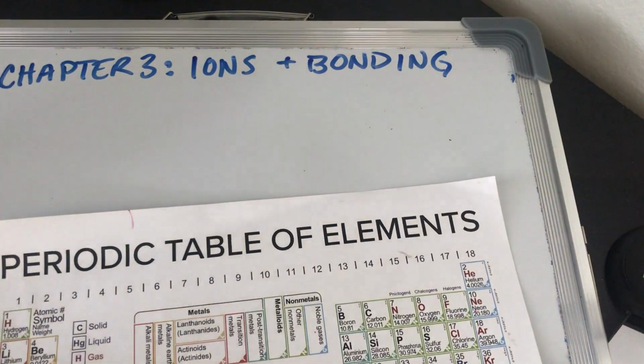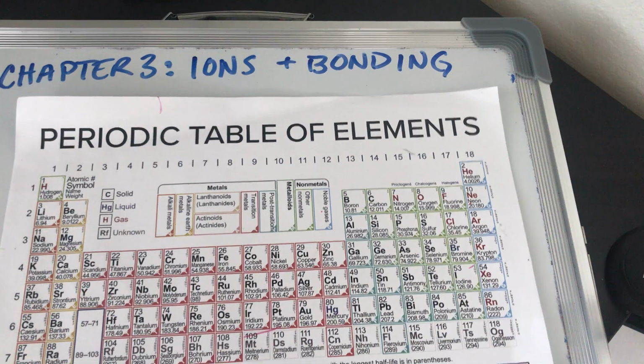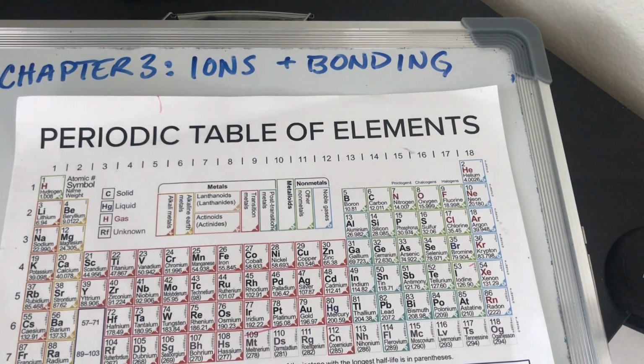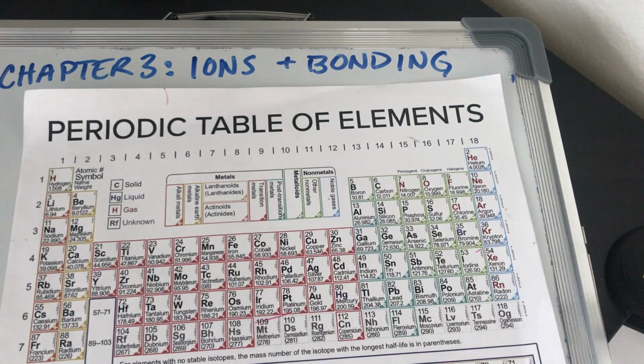Specifically, we talked a lot about the periodic table in chapter 2 and how the characteristics of an element can tell you about how it will like to behave, right? Specifically in terms of the electrons, because the electrons are telling the story for us, for the most part.